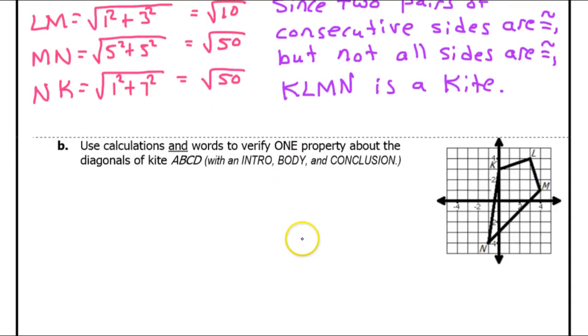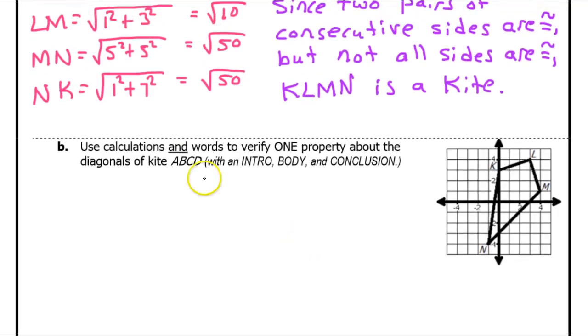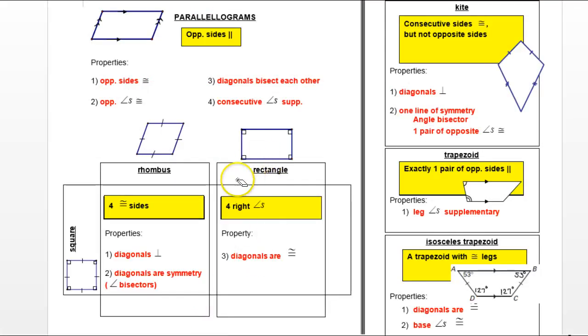Alright, last thing. Now we need to verify one property about the diagonals of a kite. That's going to be the same as what we had for a rhombus. The most important property of a kite is that the diagonals are perpendicular.